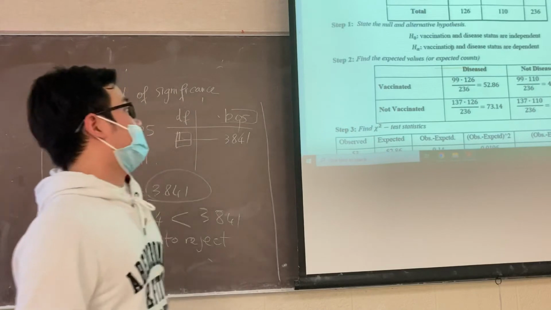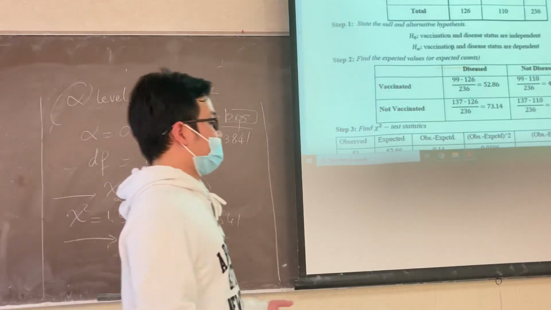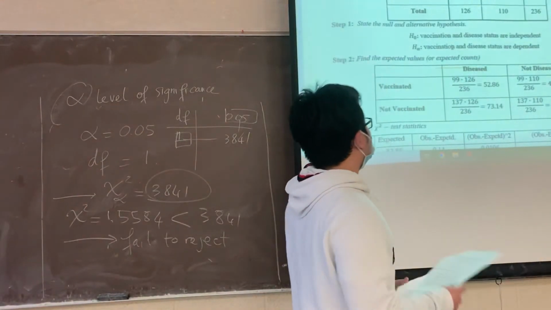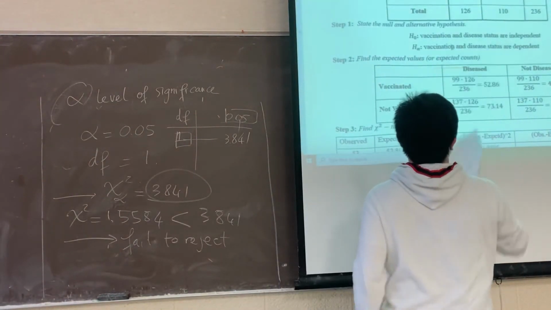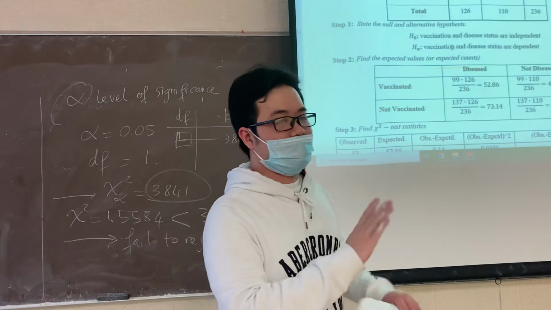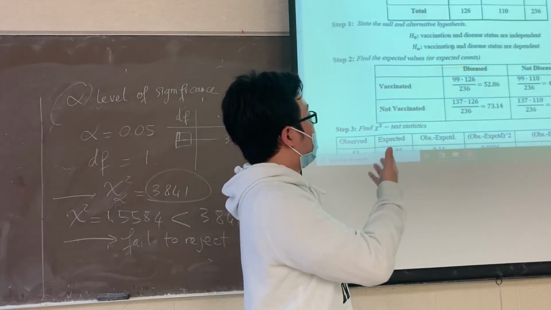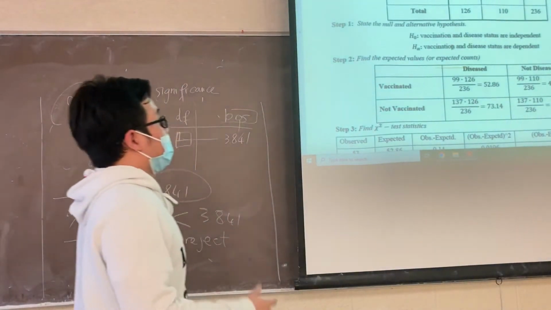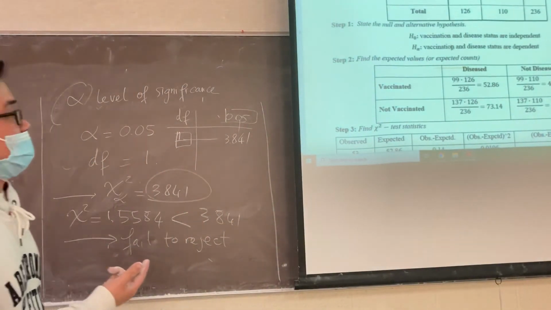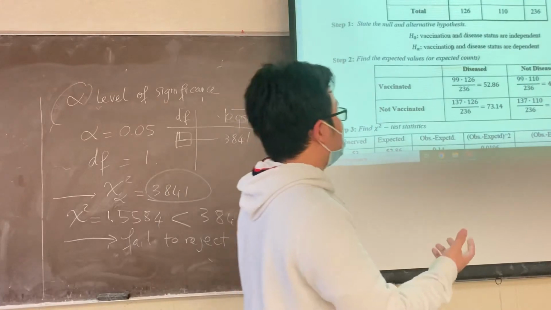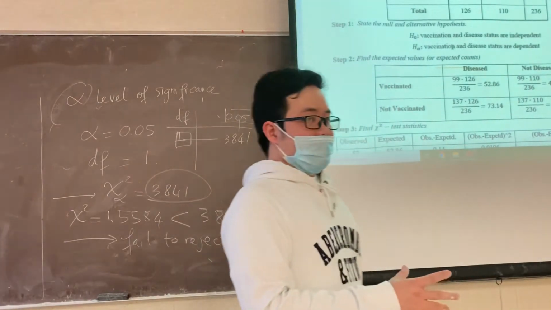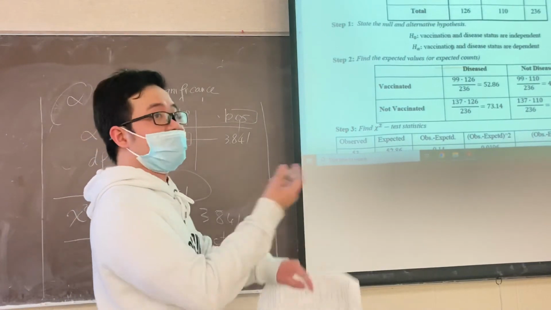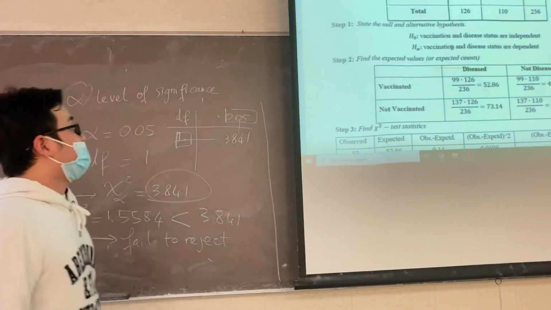The null hypothesis says the two characteristics are independent, that means the vaccination and disease status are not related. The alternative hypothesis is that the vaccination and disease status are dependent, that means they have some relationship. That is step 1.